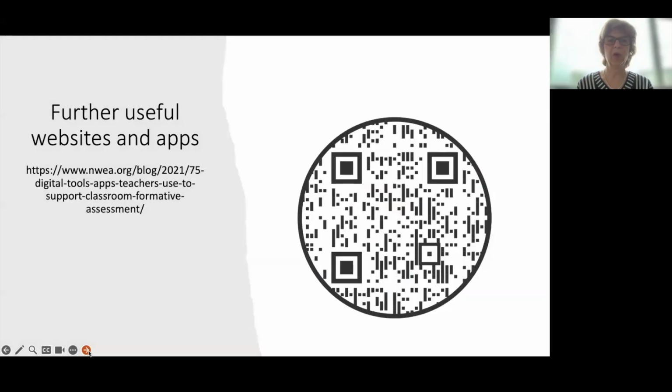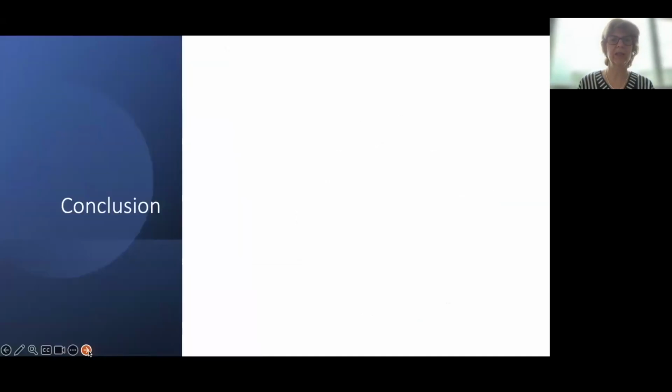And I have also collected some useful apps, some useful links here that you should feel free to access, which are, I think, very helpful for formative assessment, but also for general language learning tasks, right?